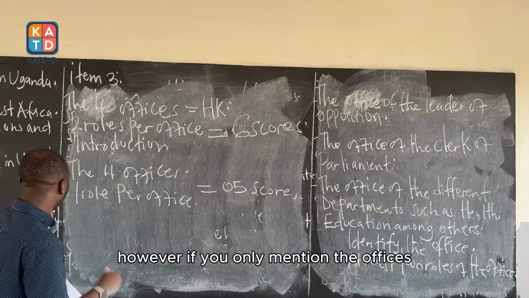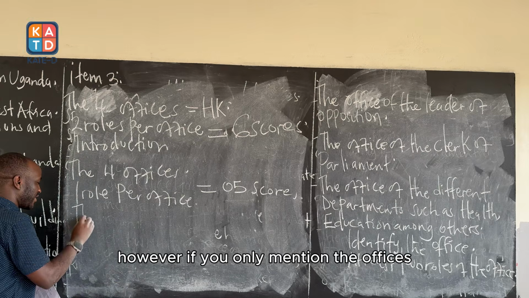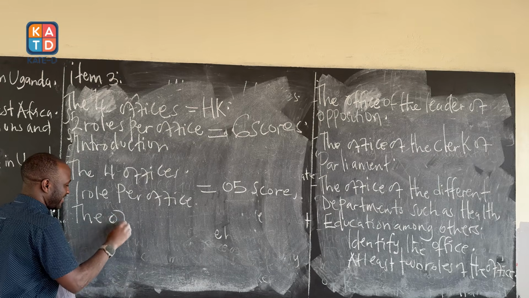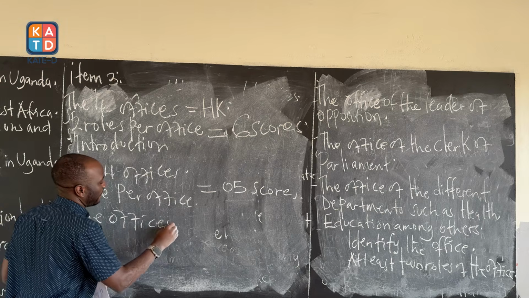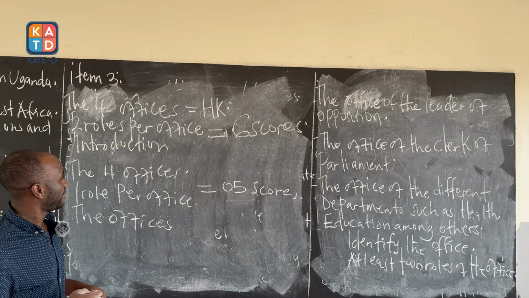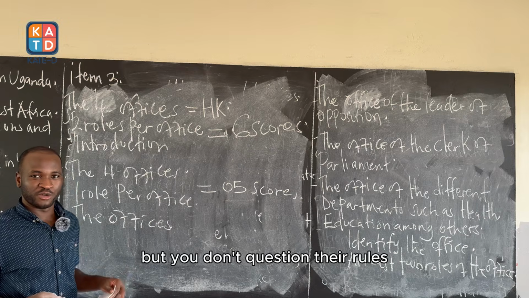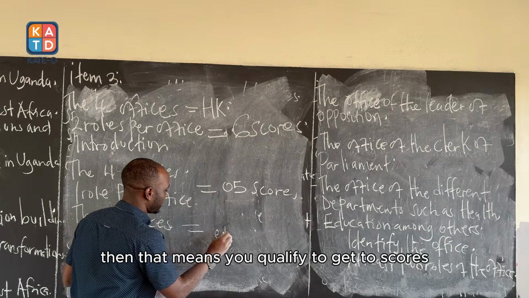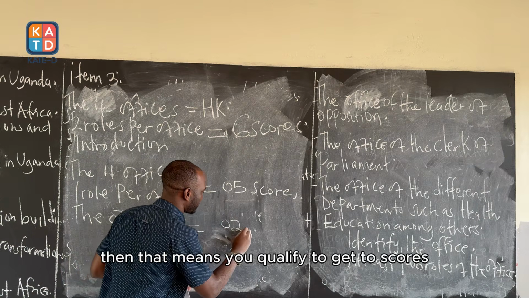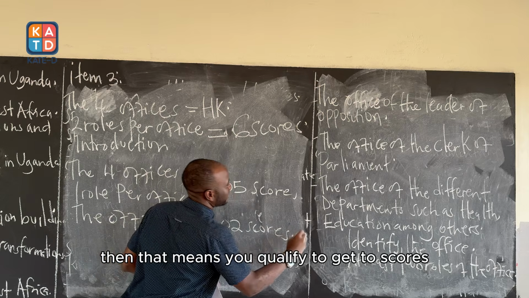However, if you only mention the offices, but you don't mention their roles, then that means you qualify to get 2 scores.